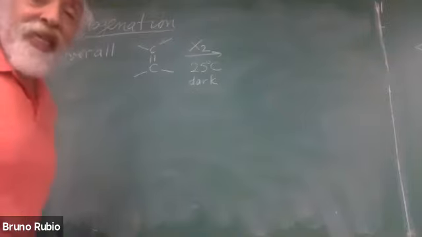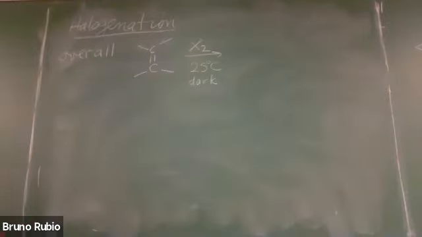No light. You're not shining ultraviolet light on it. You're not shining some kind of intense light source on here. So no heat, no UV. It's a different reaction, even though the starting materials look pretty similar.